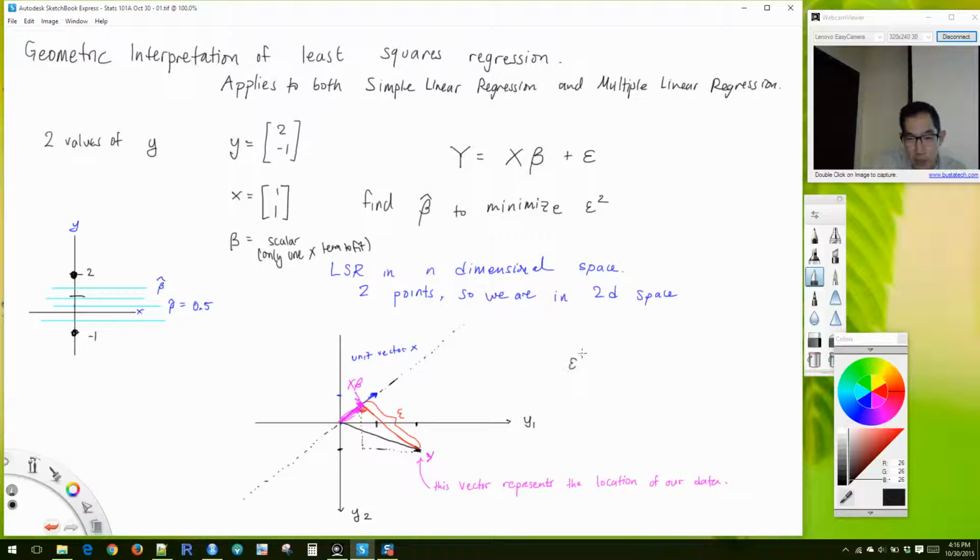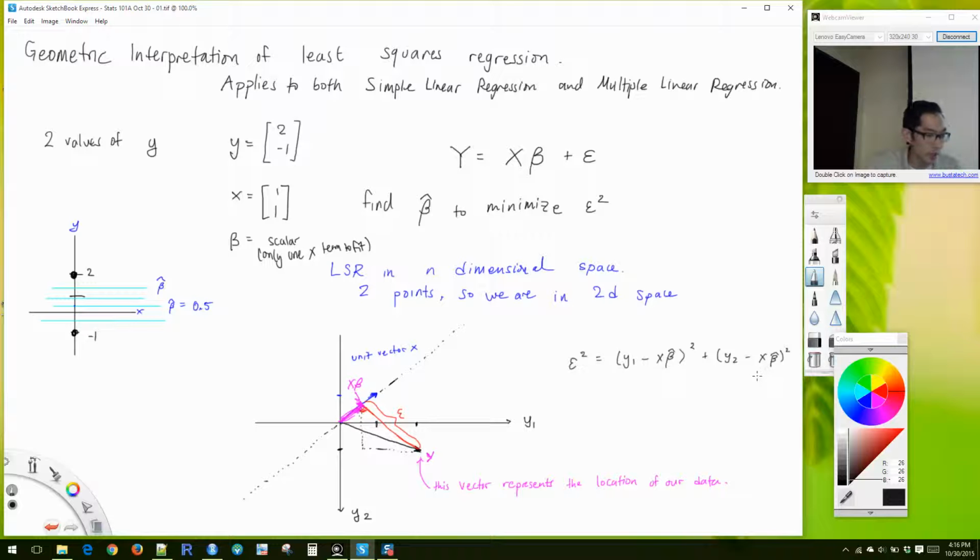So E squared is equal to basically y1 minus x beta hat squared plus, this is going to be y2 minus x beta hat squared.